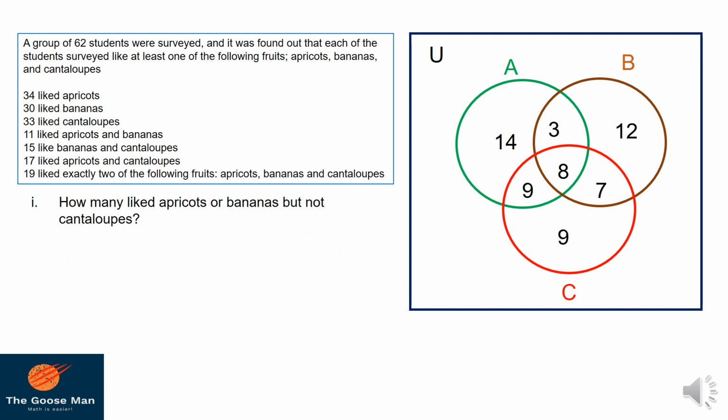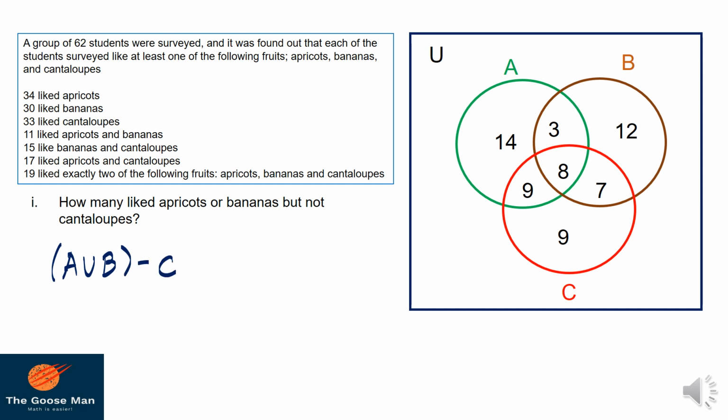Let's consider this example. How many like apricots or bananas but not cantaloupes? In simple terms, we are getting the union of apricots and bananas, but not the cantaloupes.